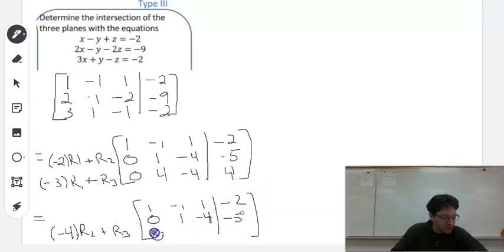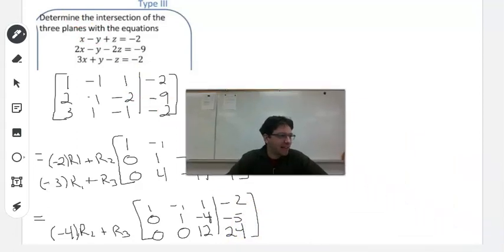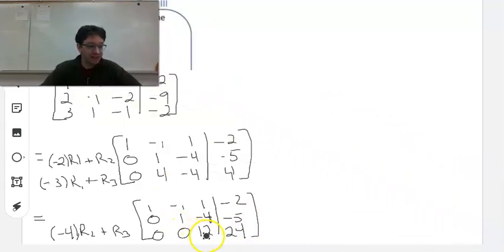And then we end up with 0, 0, 12, and 24. Now what we did with this last row was, and you can easily do this, 12z equals 24. Divide both sides by 12, you get z equal to 2. And then you can substitute that into here and then continue on.